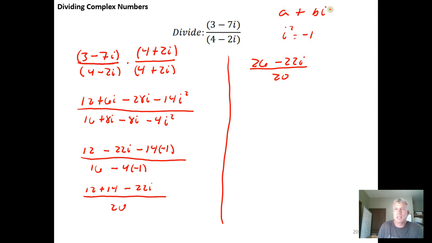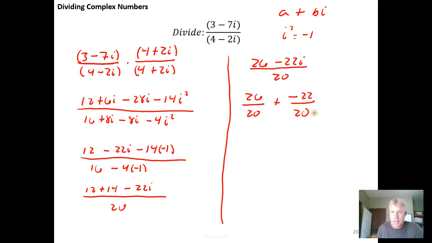And now to get it into standard form, I need to break this into the two fractions. One fraction will have just the real number part, plus now I'm going to have a fraction that has the complex part, so I have my negative 22 over 20 from right here, times i, where i is right up at the midpoint. The midpoint of the i should be at the fraction bar.